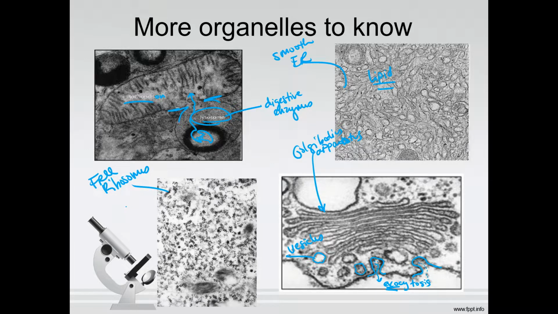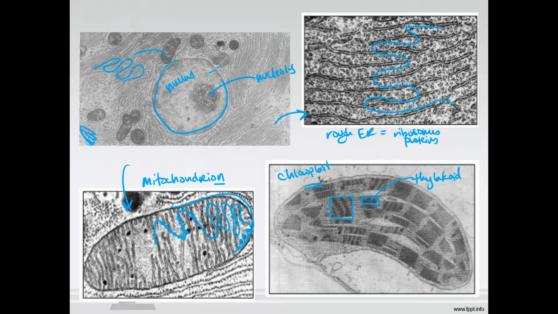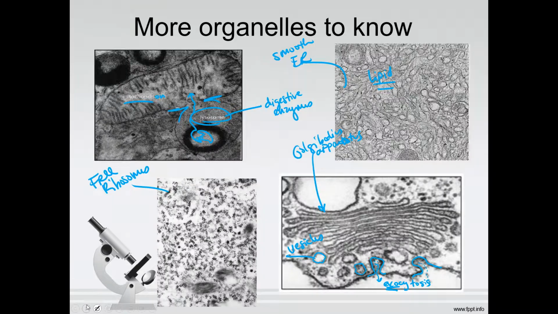These are free ribosomes. We have bound ribosomes on the rough ER. We have free ribosomes floating around in the cytoplasm. Both of these guys make proteins, but the proteins that are made by the free ribosomes stay in the cell.